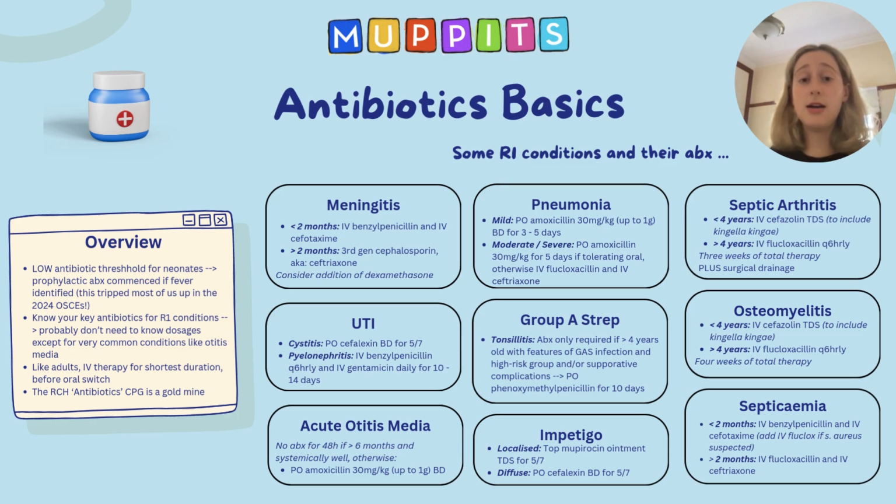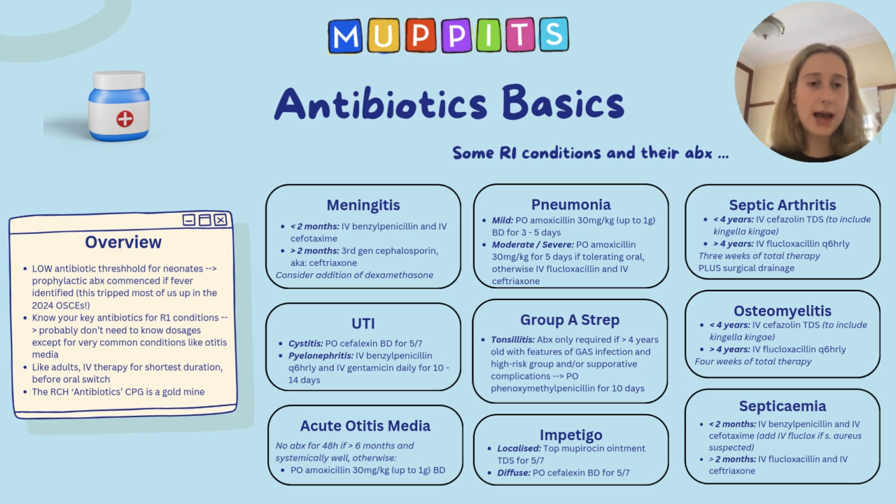But if they are, say, under 6 months old and they do have signs of systemic illness, then you'll give them oral amoxicillin. And in children who you choose not to prescribe antibiotics for, it's very important to safety net them and review them at 48 hours as well. Get them back in and assess if they're deteriorating clinically, then you'll prescribe antibiotics.